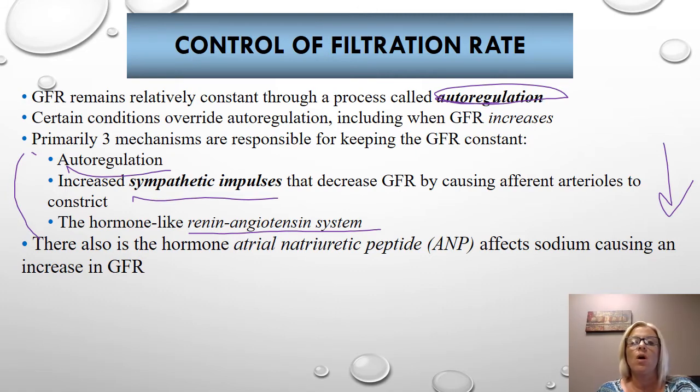So GFR can increase if bodily fluids are in excess and decrease when bodily fluid is conserved. We also have the atrial natriuretic peptide, ANP, which affects sodium, which can cause increases in sodium excretion. Okay, sodium excretion. Remember, where salt goes, water goes. So where sodium goes, water will follow.